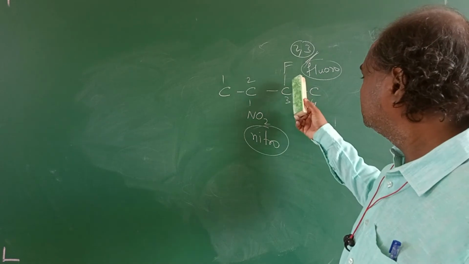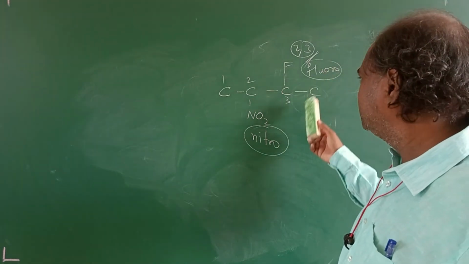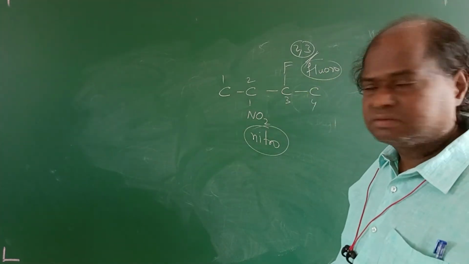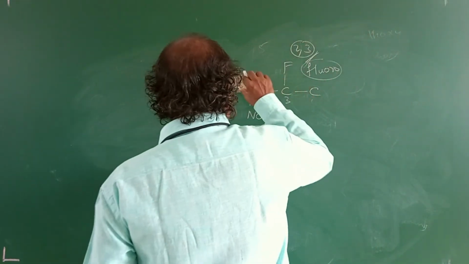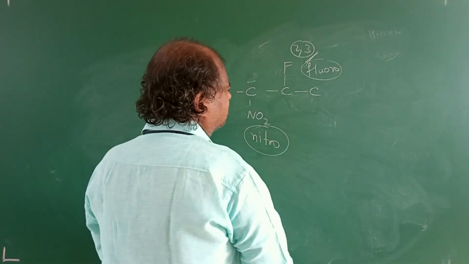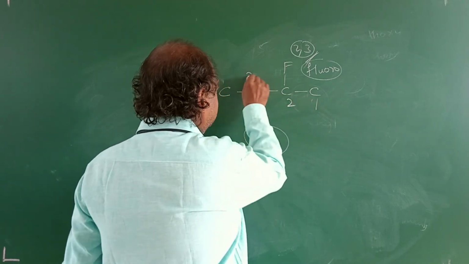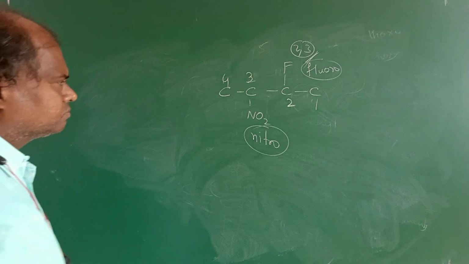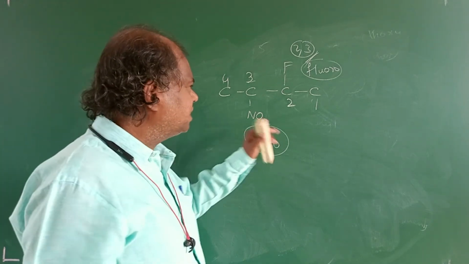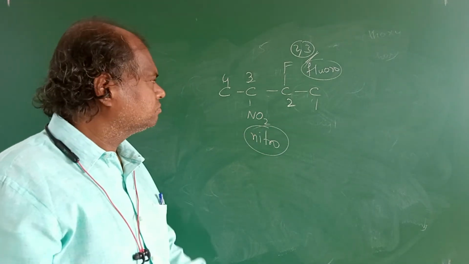F, A, B, C, D, right? F will come first. So F should get a lower number compared to nitro. So if F has to get a lower number, then how will you start the numbering? 1, 2, 3, 4. Is that clear? Otherwise, both sides will get 2, 3 only.